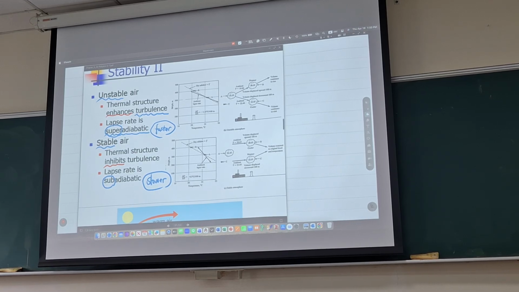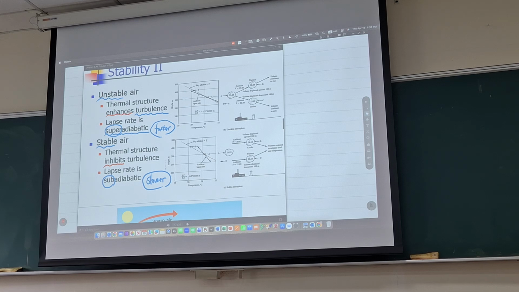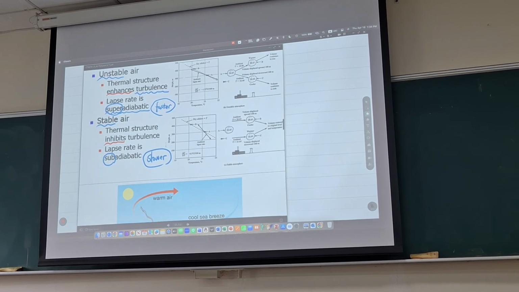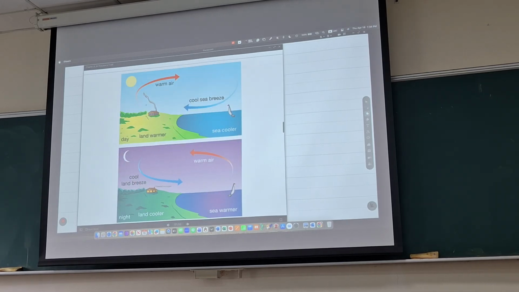Okay, on the other hand, in stable air, the temperature decreases slower with height. And we call this sub-adiabatic. Okay? Everyone okay with that?